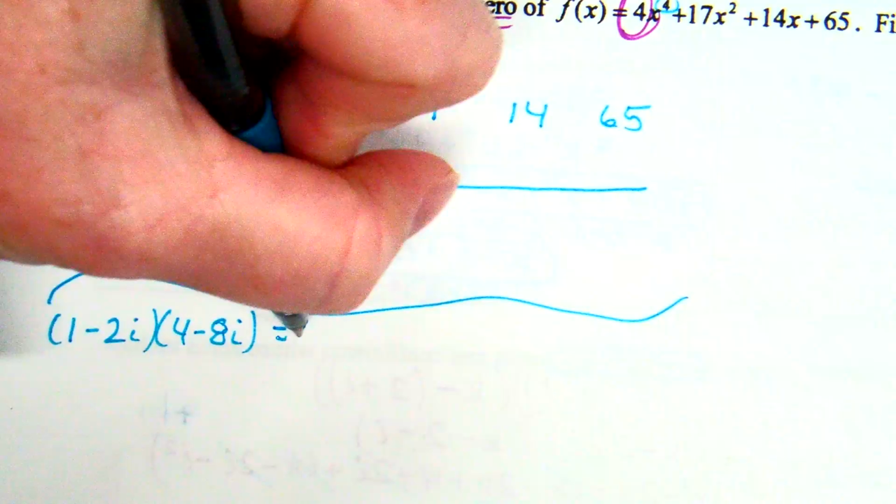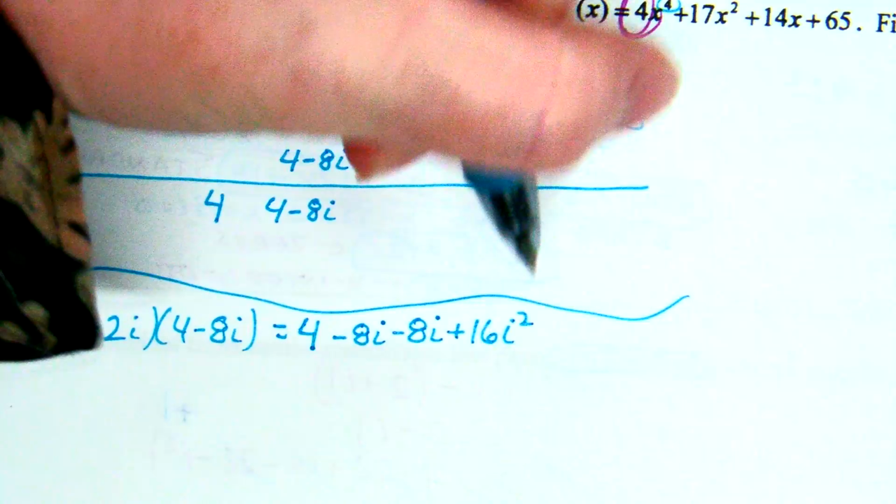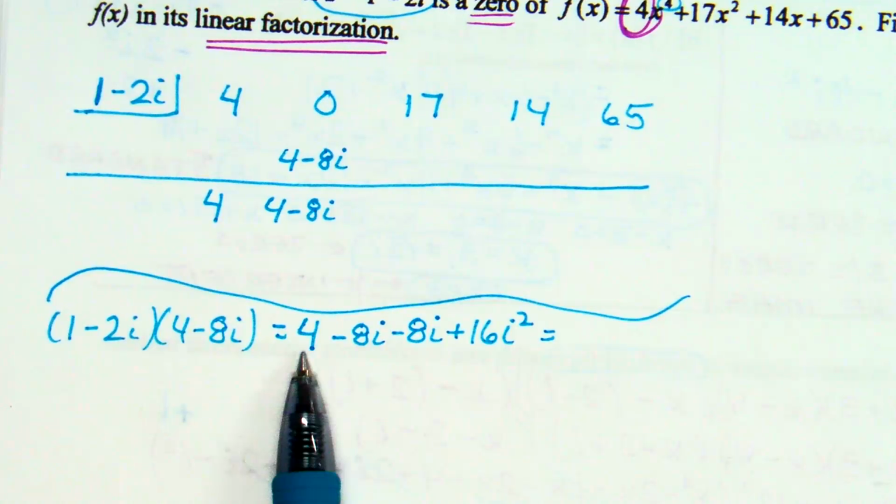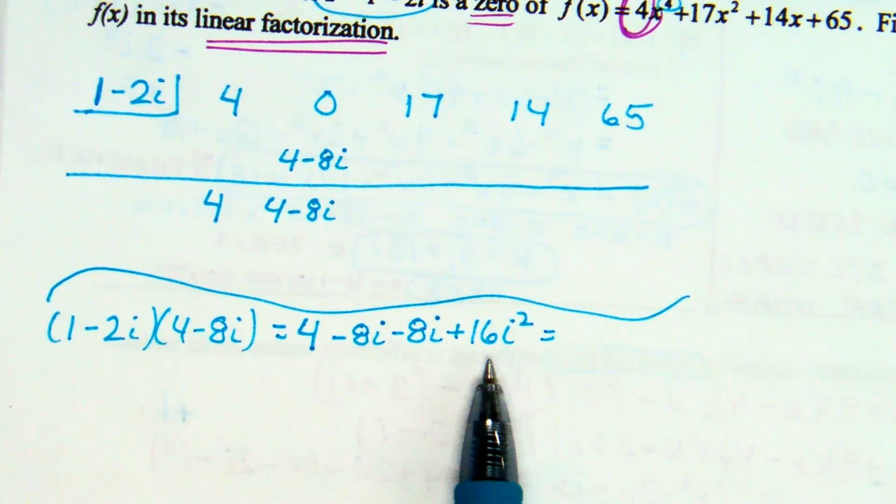4 minus 8i minus 8i plus 16i squared. What's that all clean up to be? There's a 4 plus 16i squared, which is minus 16.